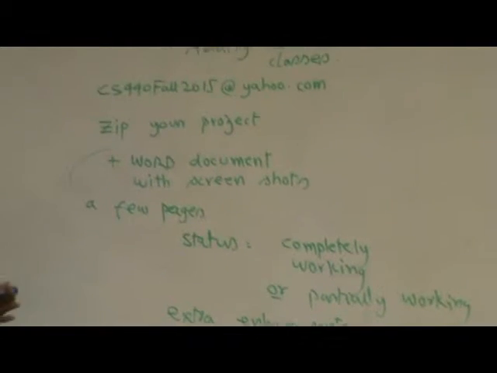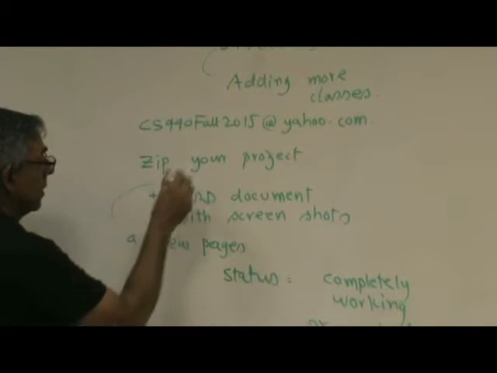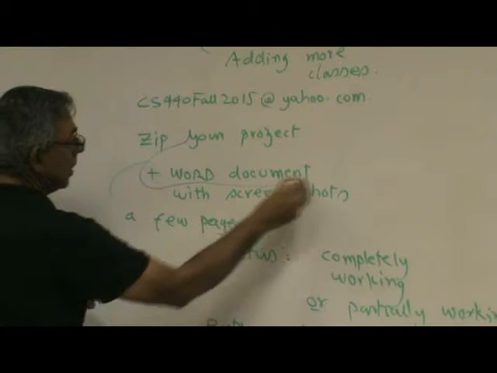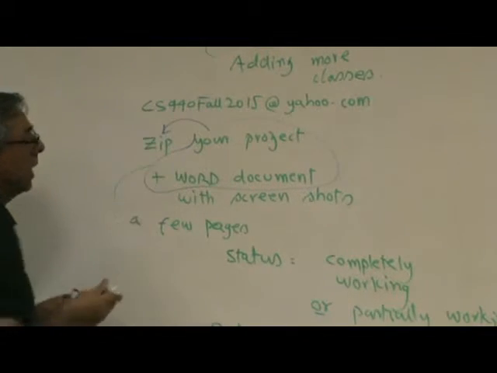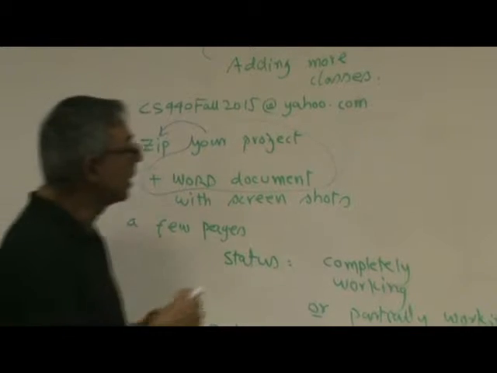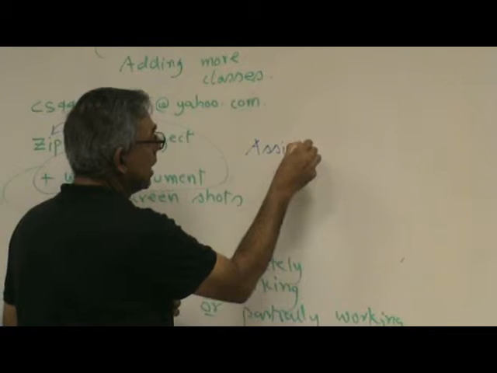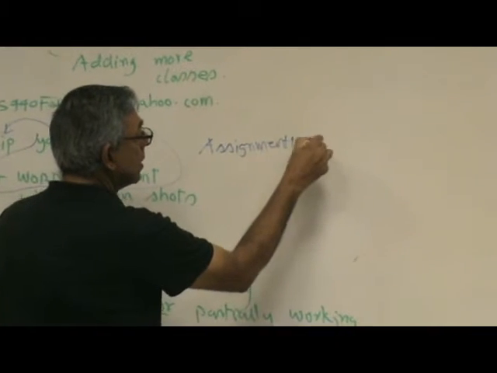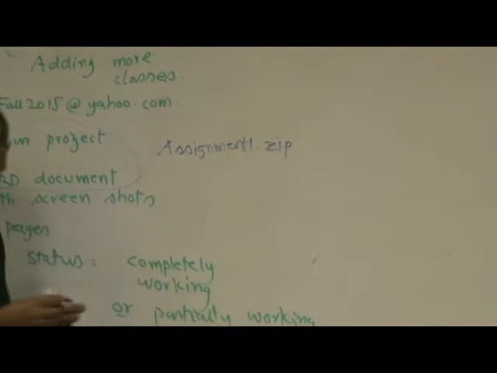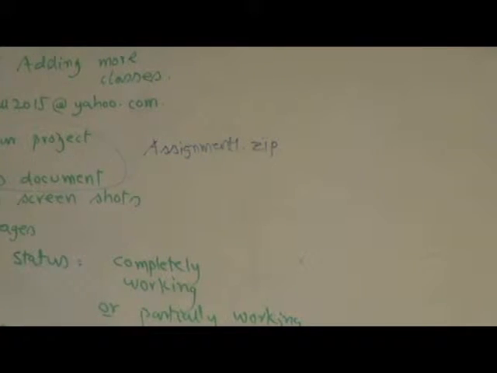So anyway, put the Word document and also your source code. This will go as a zip file, and then send it. Once you send the zip file, sometimes the file name will simply say assignment1.zip. My suggestion is to also name the file so that you can be easily identified.